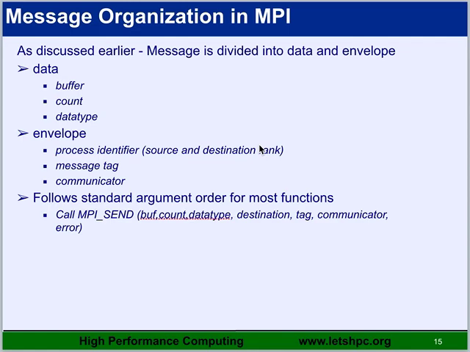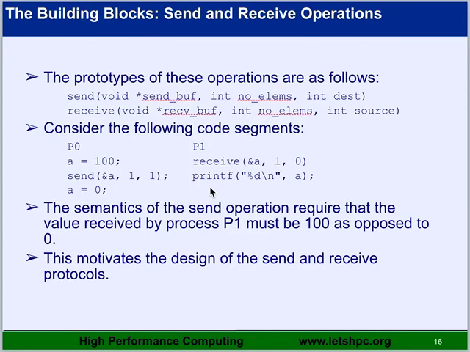And then there is a communicator, which we'll discuss later as we go forward. And this message passing interface follows a particular order for these attributes like count, data type, destination, tag. Once we understand the protocols, then we can look into the details of these arguments.